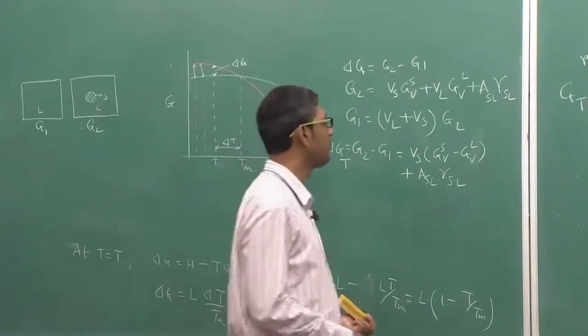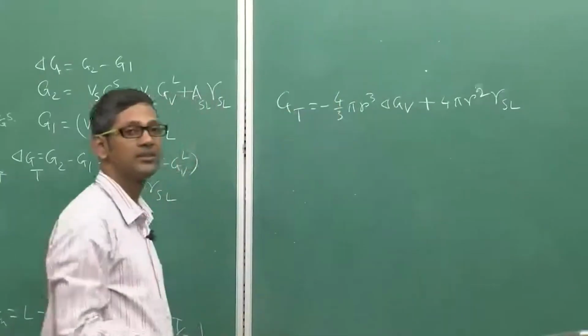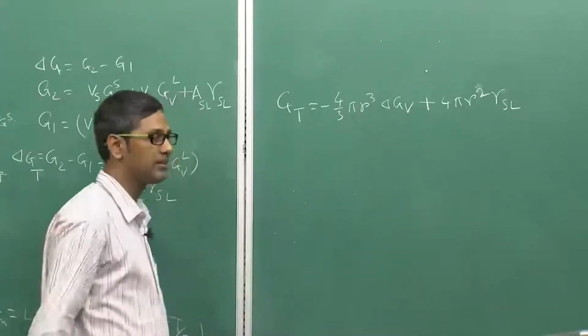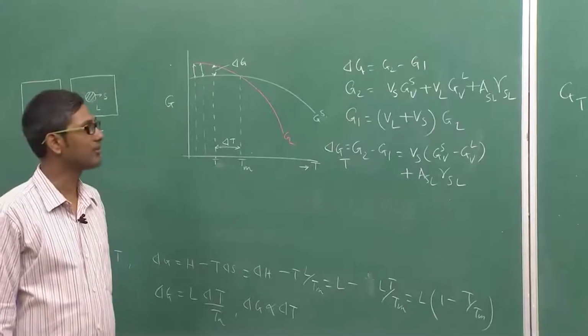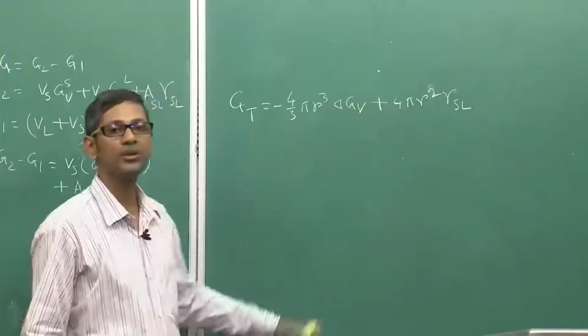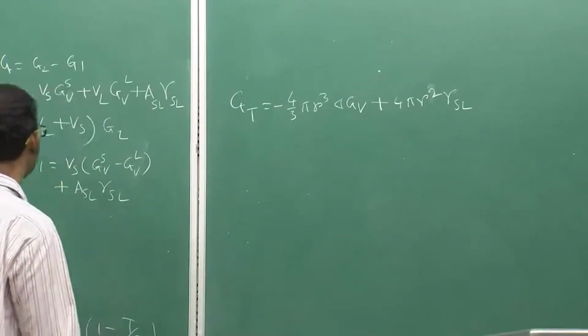Now if I simply plot this equation, remember this equation depends on a single parameter, R. If we assume that gamma SL is isotropic and constant, and delta GB is also a constant at a fixed temperature, then I can plot that equation.